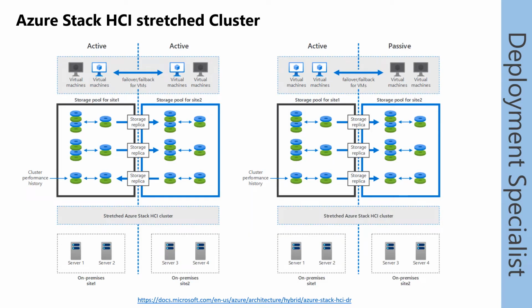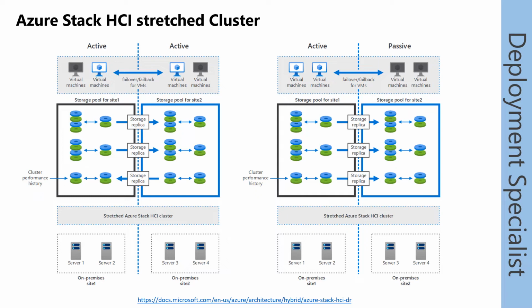And a stretch cluster is only available in Azure Stack HCI. We don't have stretch clustering in Storage Spaces Direct with Windows Server 2022, 2019, or 2016. So stretch clustering is one of these exclusive features we have in Azure Stack HCI.